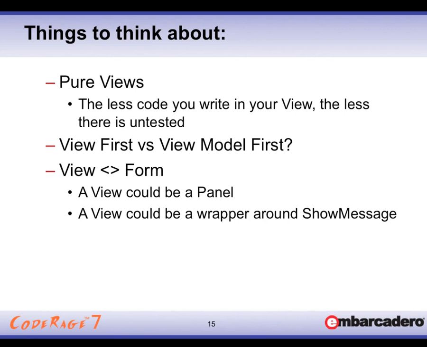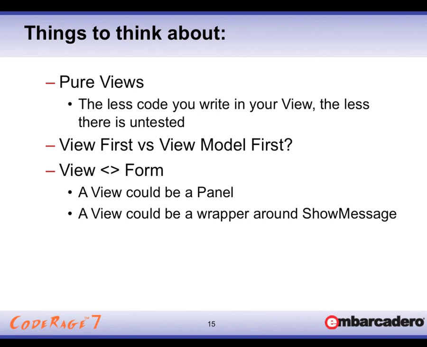This is a goal that's possibly not achievable, or certainly not easily achievable, but it's a worthy goal, because as we've talked about, the less code you have in your view, the less code there is in your application which is untested. So aiming for minimal code in your view is definitely a worthy goal. You reach a point where there's diminishing returns though, and trying to get to the point of having no code in your views may not be worth the effort.